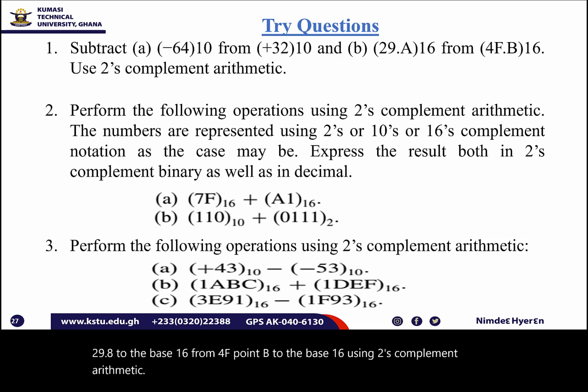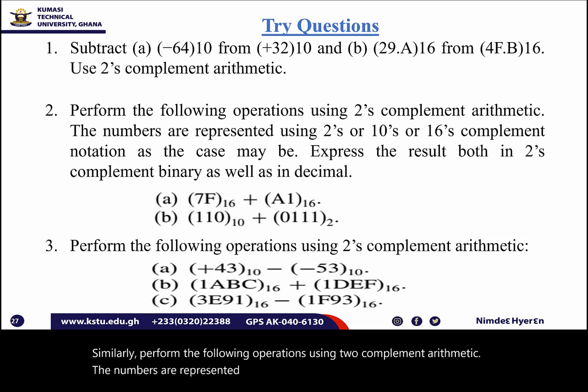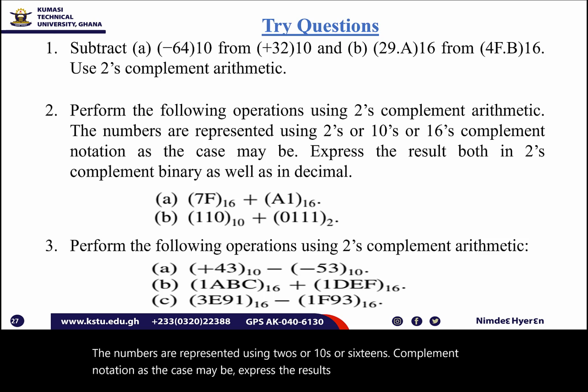Similarly, perform the following operations using 2's complement arithmetic. The numbers are represented using 2's or 10's or 16's complement notation, as the case may be. Express the results both in 2's complement binary as well as decimals.